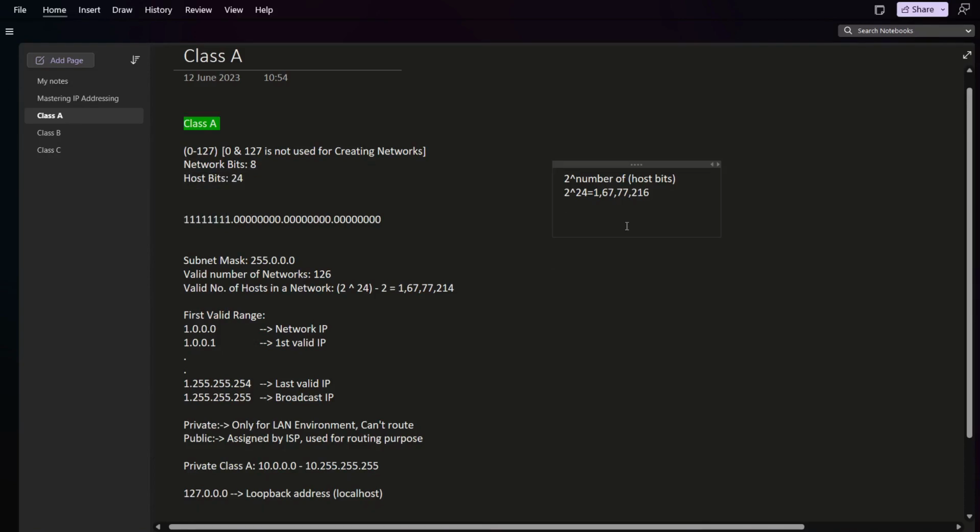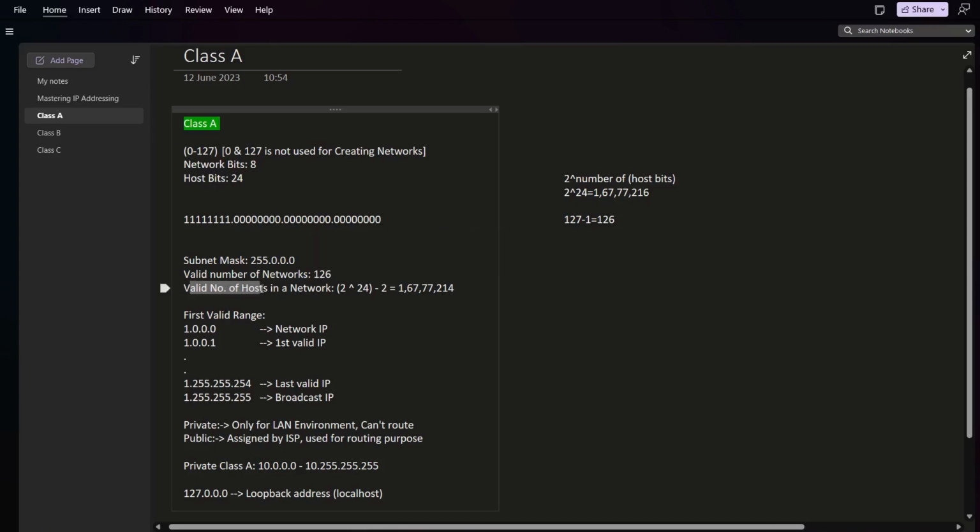So the range will be 127 minus 1, equal to 126. Now, why have I done minus 1? Because we are also considering the zeroth network, but the 0 and 127th networks are not used for creating networks. So remember this: the valid number of networks for class A is 126.